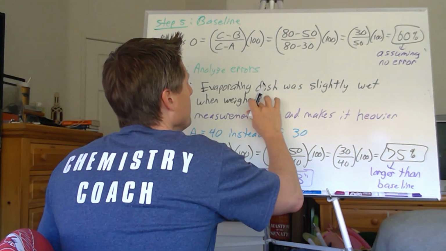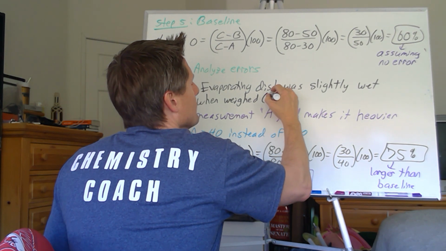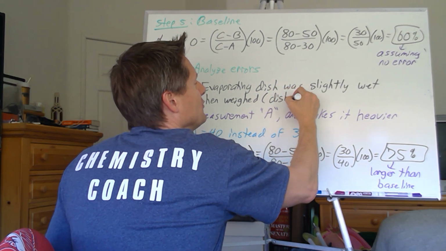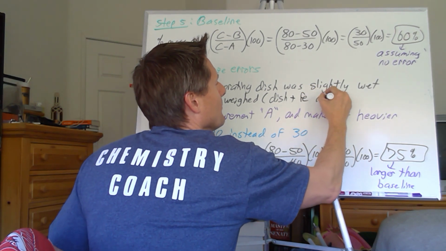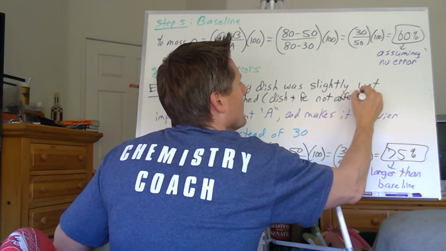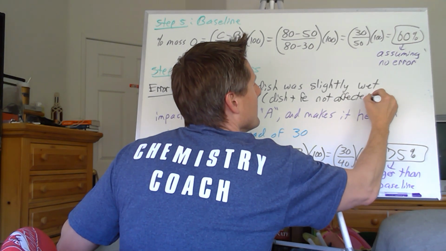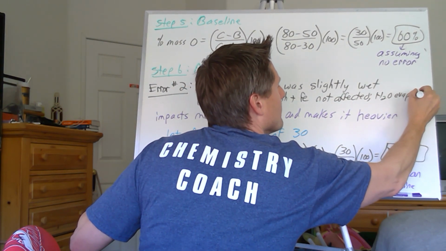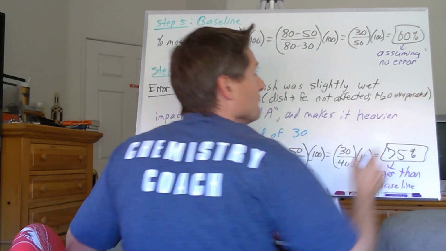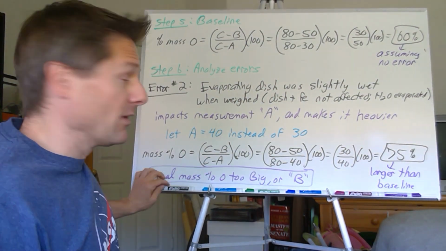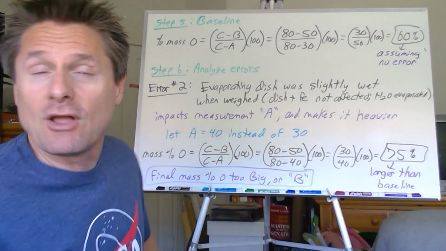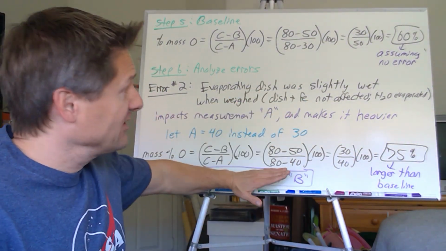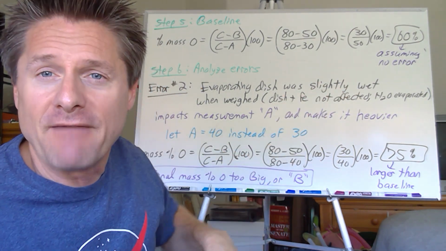So let's put here, dish plus the iron not affected. Let's say the water evaporated. Right? That's a little more complicated one. You have to make some assumptions, and based on your assumption, I would have to give you a grade based on your assumption. So this is what would happen, assuming that water had evaporated in the meantime.